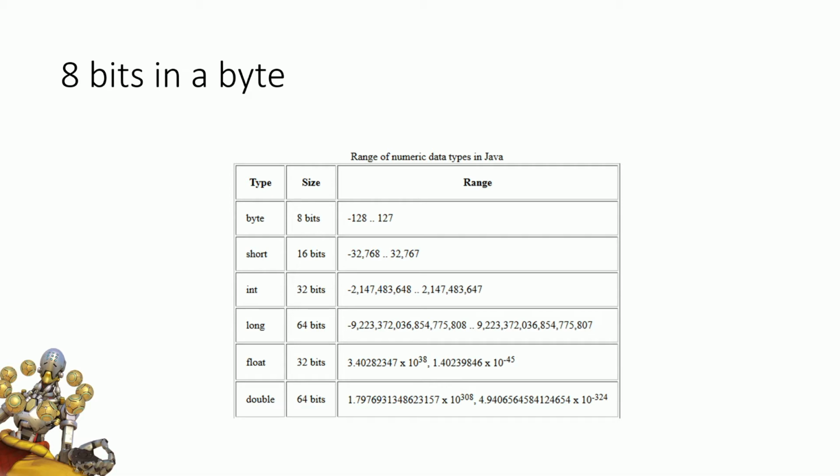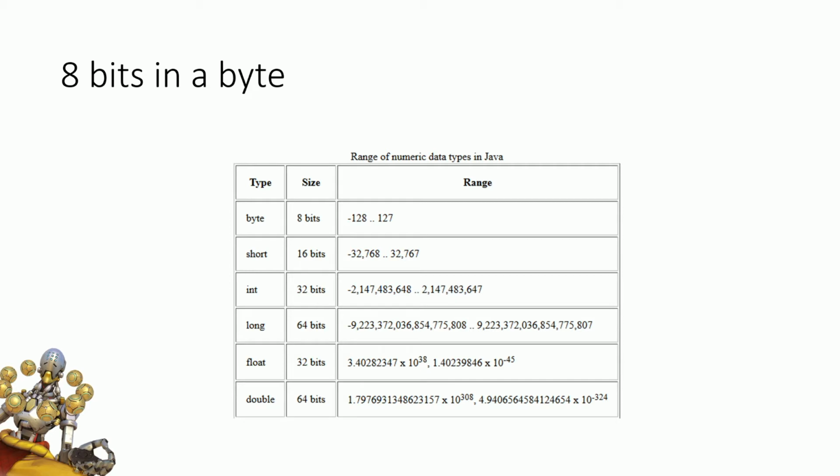These are numeric data types, and you can see the range of how far they span and how big they are in terms of memory. I wrote at the top that there are 8 bits in a byte, because that's important to remember. You may see things where they'll say it's a 32-bit data type, like a float or an int, but some people might say it's a 4-byte data type.